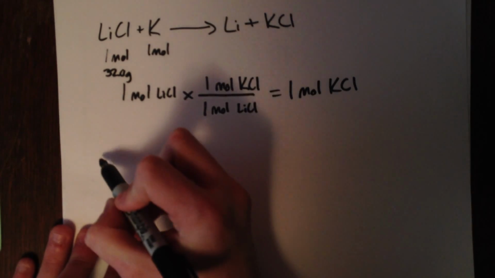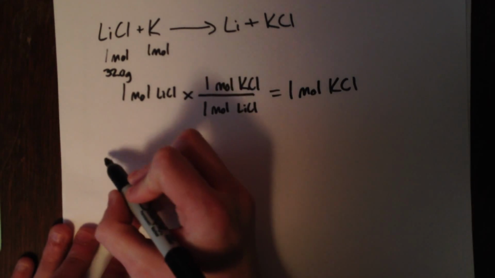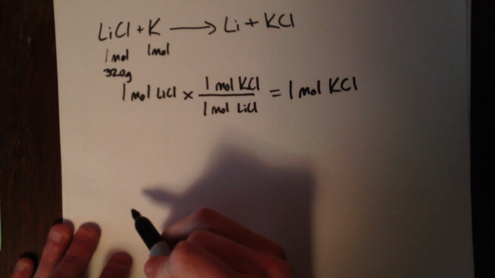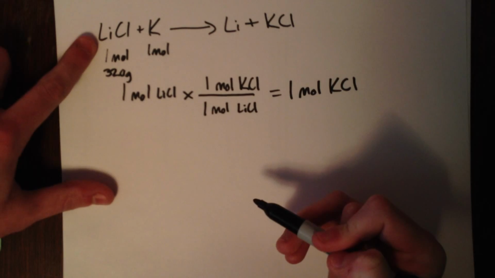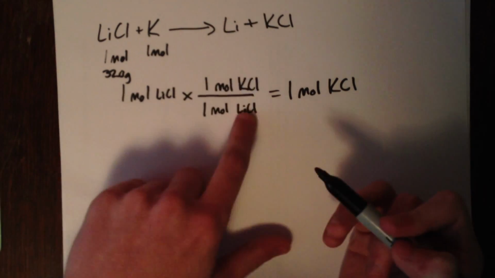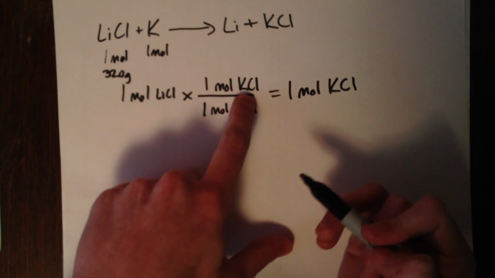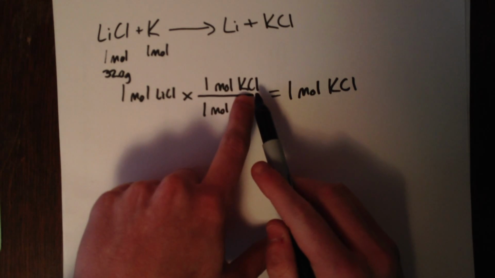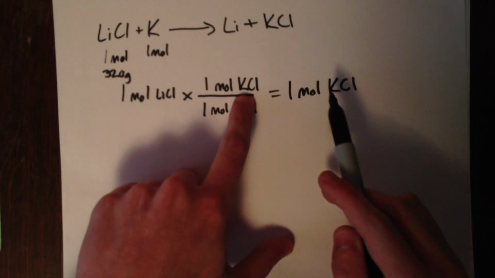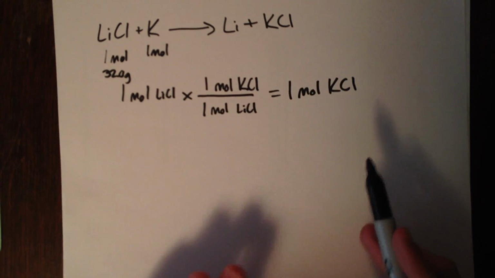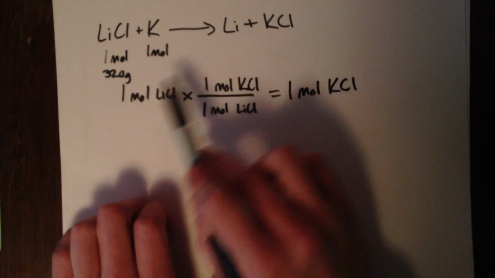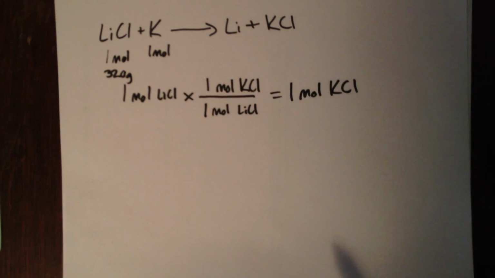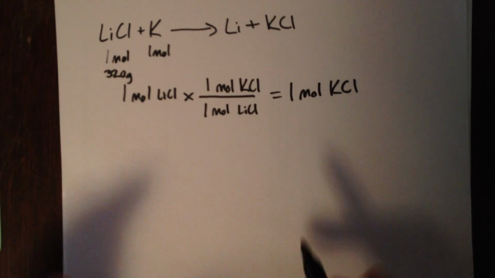So with grams, you have to convert from grams to moles of whatever substance, lithium chloride, over to the moles of potassium chloride, and then you have to convert the moles of potassium chloride that you get to grams of potassium chloride.